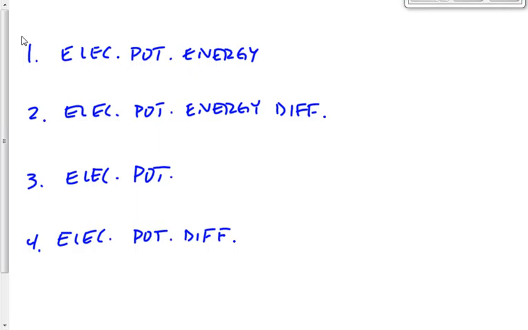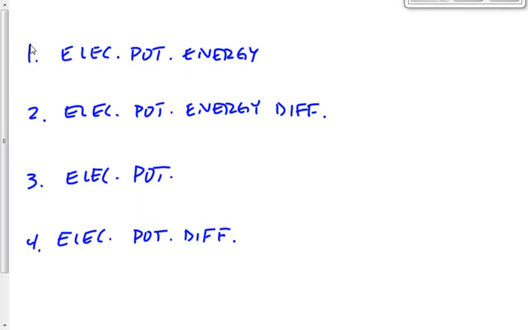Gravitational potential energy was the energy that's stored in a system of 2 masses, a certain distance apart. Anybody tell me now what electric potential energy is? The energy stored not in a system of 2 masses, but rather a system of 2 charges, a certain distance apart. So the energy stored in a system of 2 charges, a certain distance apart.